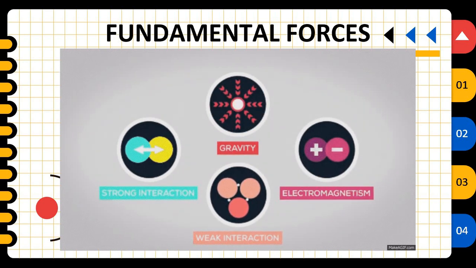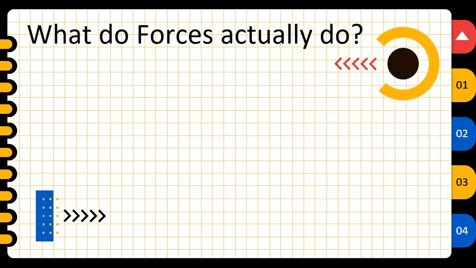Now, since we're already done with identifying the subtypes and the types of forces according to classical mechanics and in modern science, let's try to identify what forces actually do.